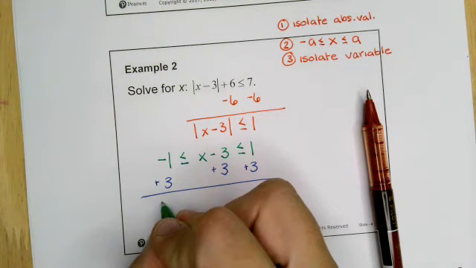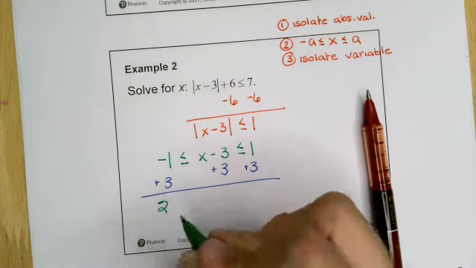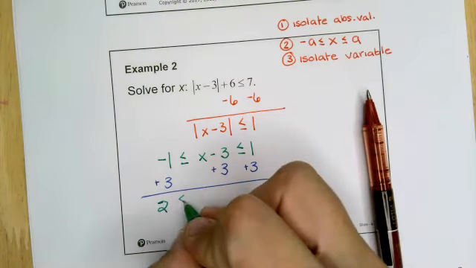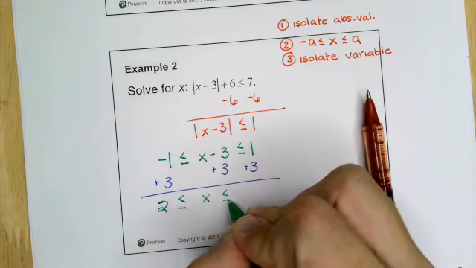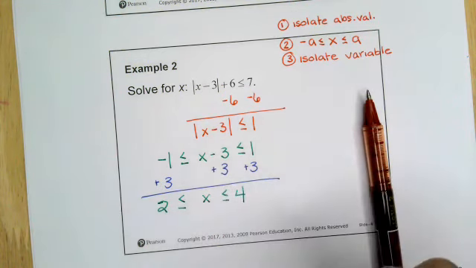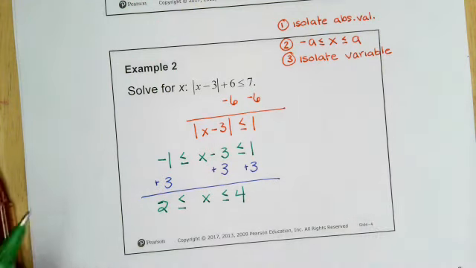Negative 1 plus 3 is 2. Less than or equal to x less than or equal to 4. Okay. Let's check, see if that's true. So it can be any number between 2 and 4.